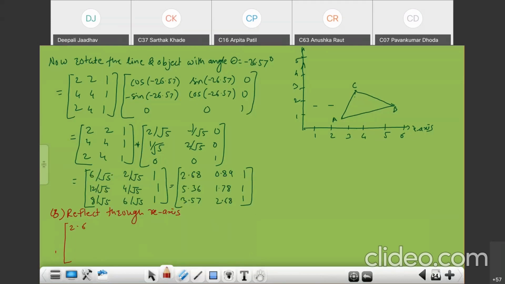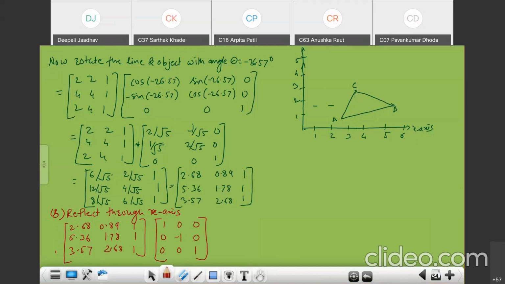The points are 2.68, 0.89, 1, 5.36, 1.78, 1, 3.57, 2.68, 1. Now we require the transformation matrix to reflect through the x-axis. So reflection through the x-axis means y becomes minus y: 1, 0, 0, 0, minus 1, 0, 0, 0, 1. The standard transformation matrix is there, that we have already seen.